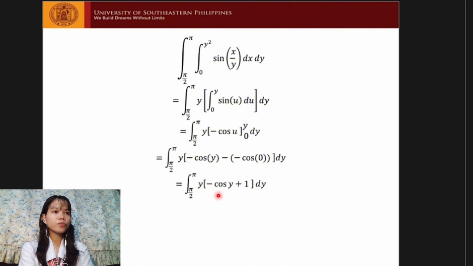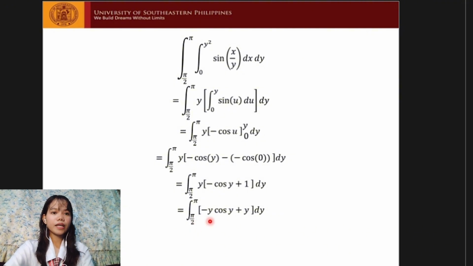So the next step that we will do here is to distribute the y to the negative cosine of y plus 1. So next what we have is the integral of negative y cosine of y plus y with respect to dy ranging from pi over 2 until pi.